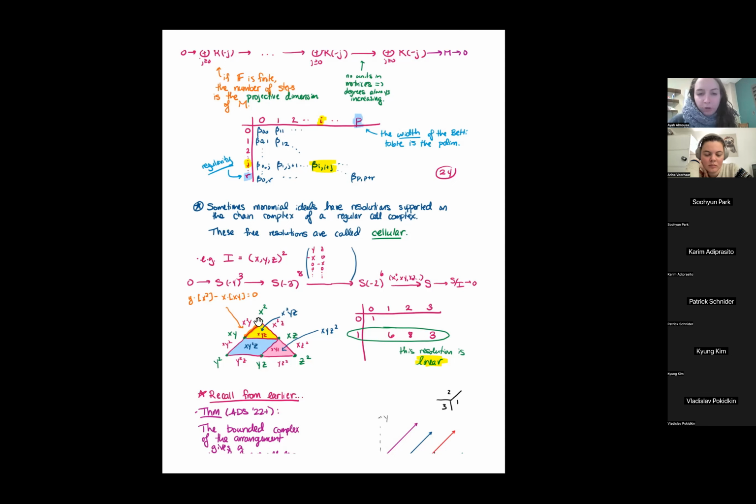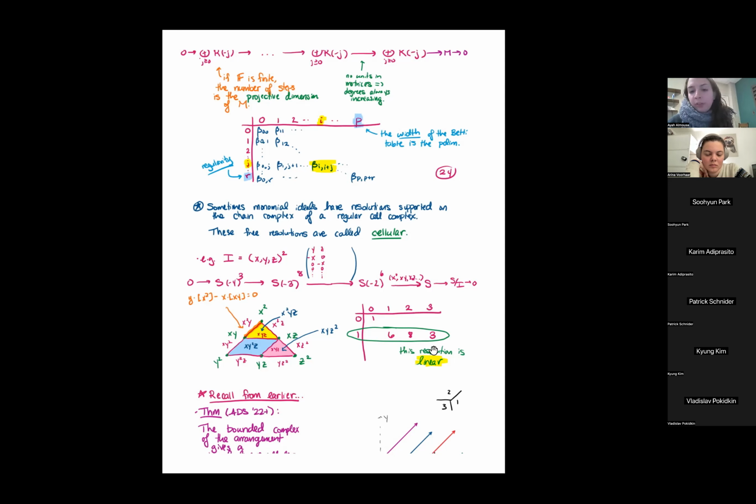Just to show you, x squared y, for instance, is the degree of this relation, where if I took y times x squared and subtracted x times xy, that's equal to 0. So the fine degree would be 2, 1, 0: 2 in the first index, 1 in the second index, and no z in here.